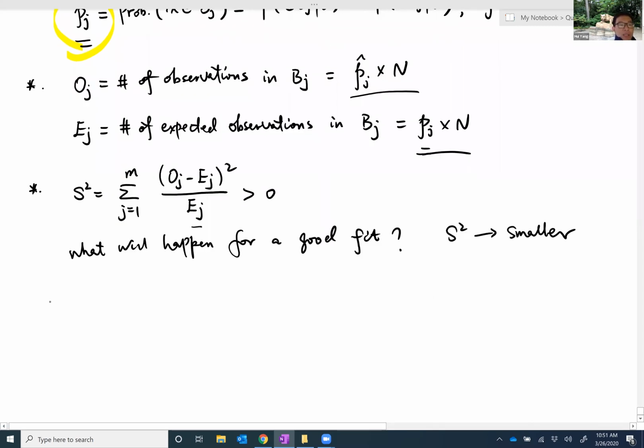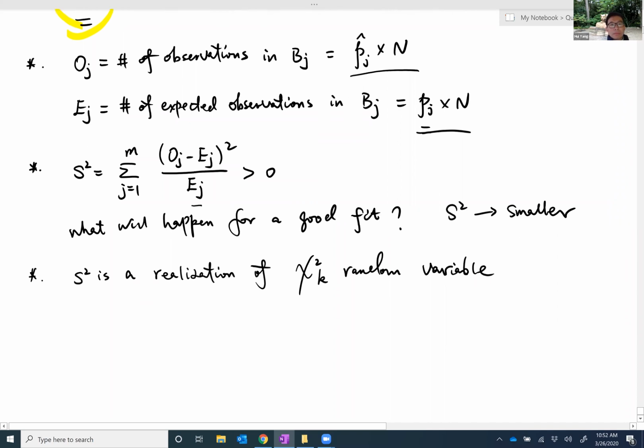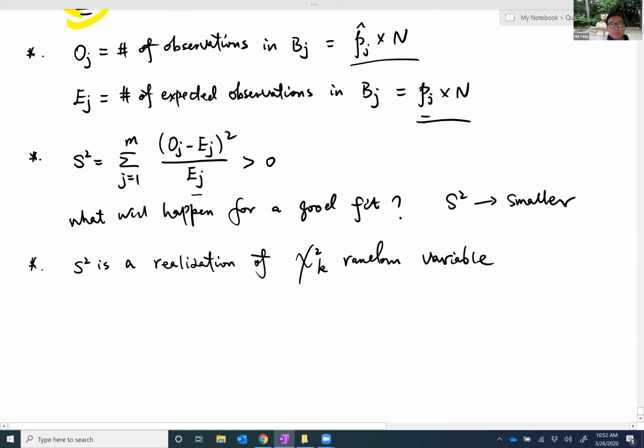And here, S squared is a realization of a chi-square K random variable. Okay.